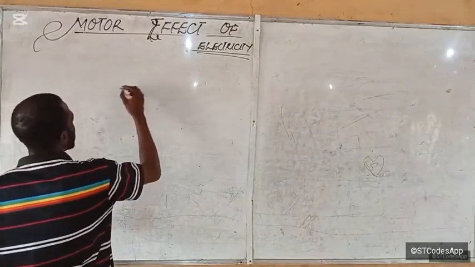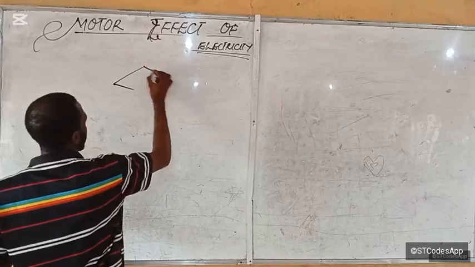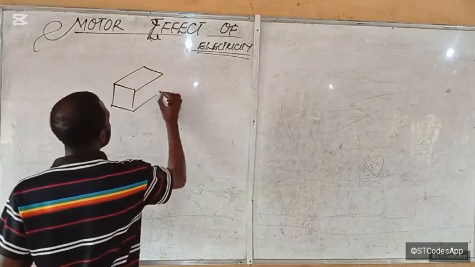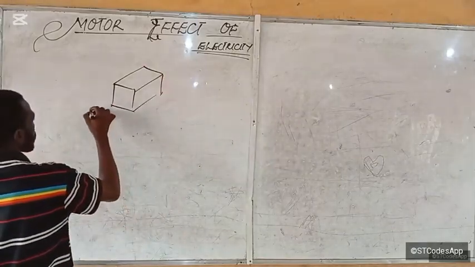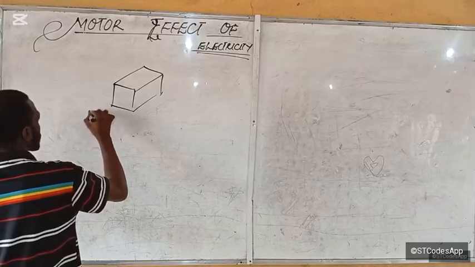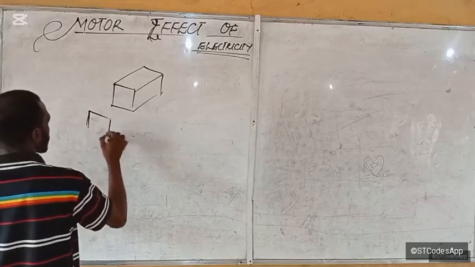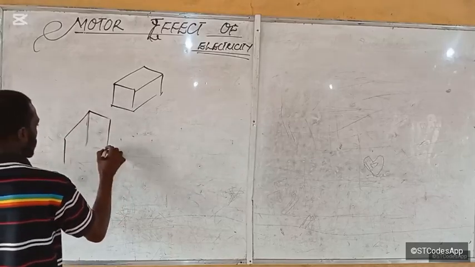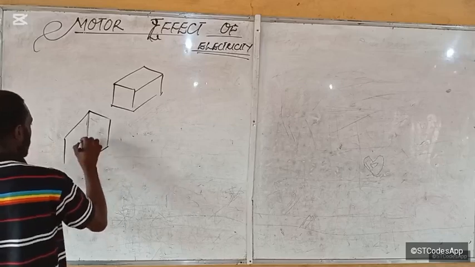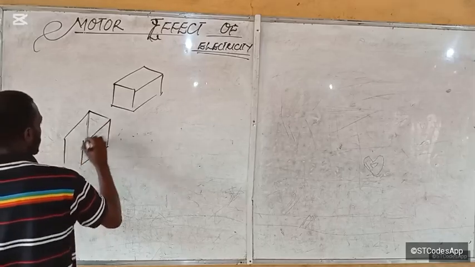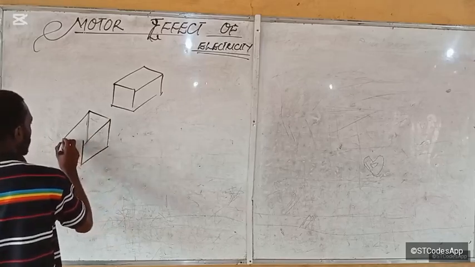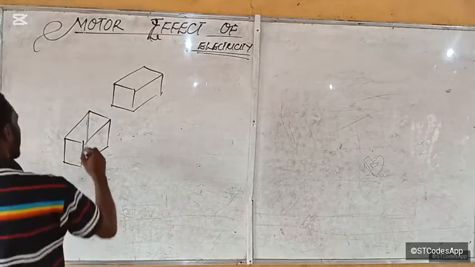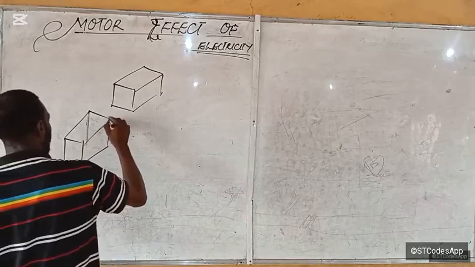Now, if I have something like this, if I have two magnets, for example, okay, let's manage this. So I have something like this.